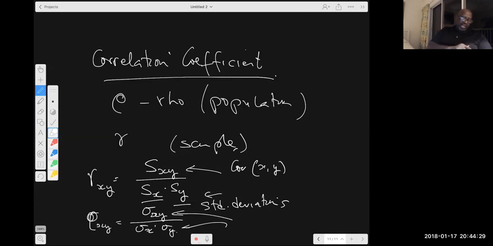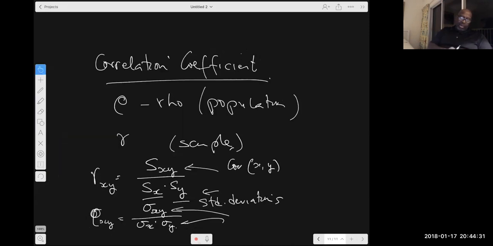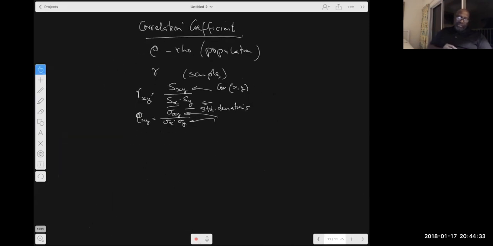I don't really like this way of presenting it because I find it confuses me a little bit that one is a covariance at the order level 2, and then the denominators are standard deviations at order level 1. But instead, without going through the proof for you tonight, we could actually write this as follows.